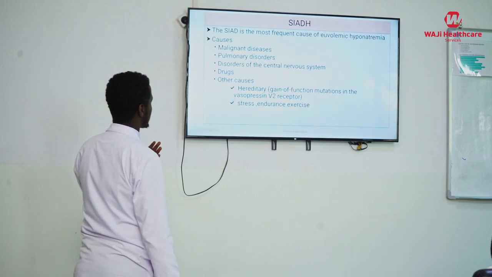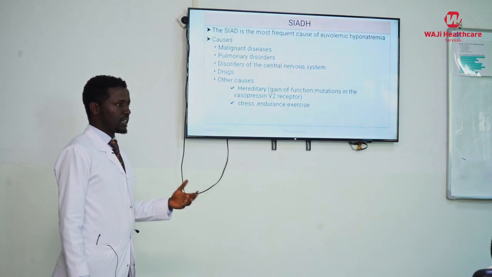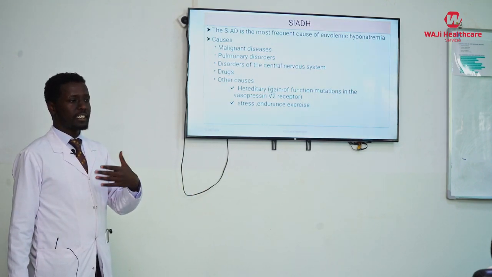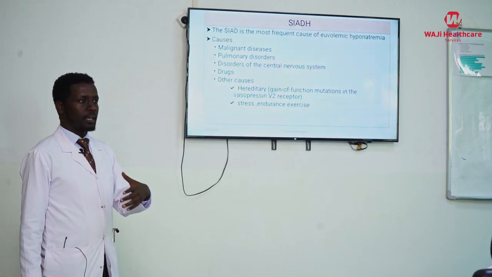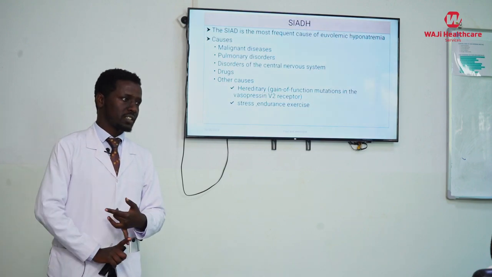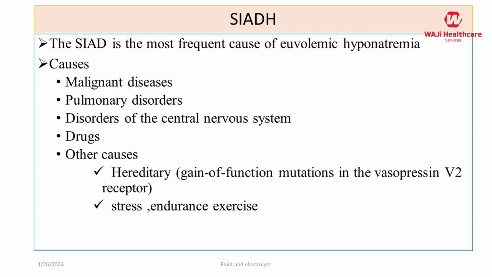The most common cause is usually any malignant disorder. It is usually secondary to some other disease, especially patients having brain insult like stroke, and patients with other disorders like pulmonary disorder, pneumonia, can cause SIADH. So if we find hyponatremia in a pneumonia patient, it is mostly due to SIADH. Others are drugs, some hereditary disorders, stress, endurance exercise.